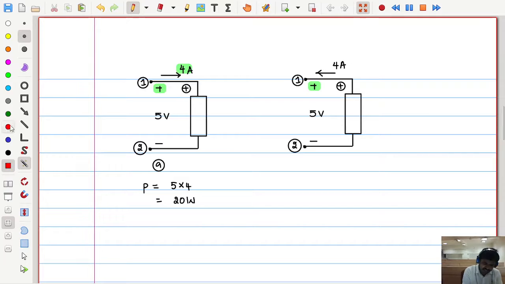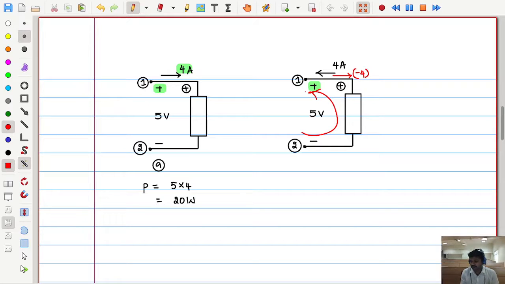The 4 amperes flowing from 2 to 1 is equivalent to minus 4 amperes from 1 to 2.